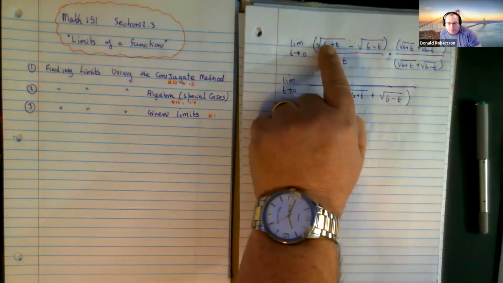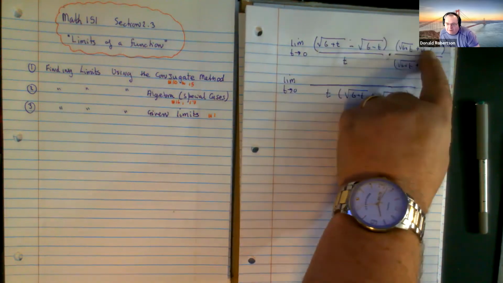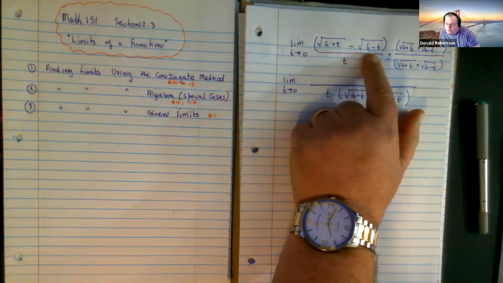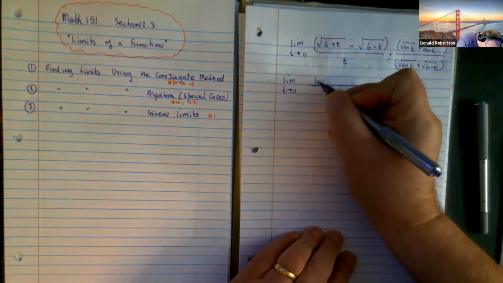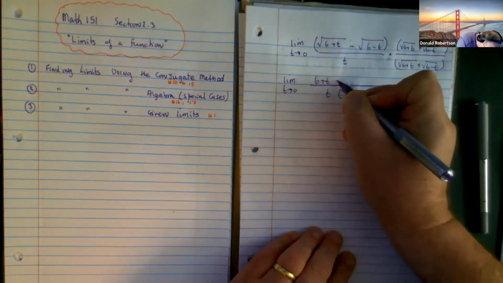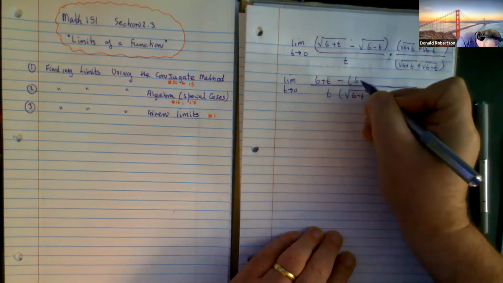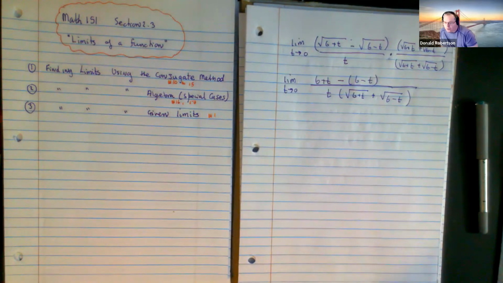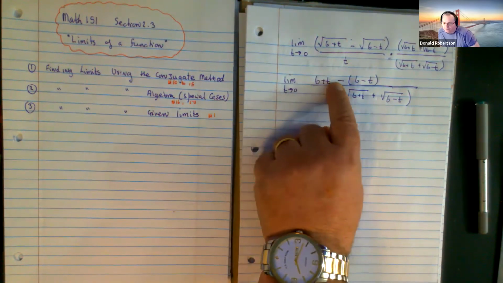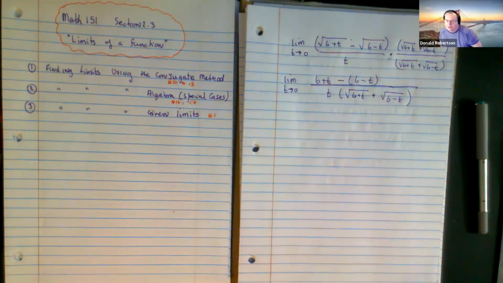Now, if you multiply this by that and you do FOIL, you will get this guy squared, which is 6 plus t, take away this guy squared, which is 6 minus t. Do you notice I put a bracket around the second one because it's a whole thing that you're subtracting? It's first guy squared, take away second guy squared.